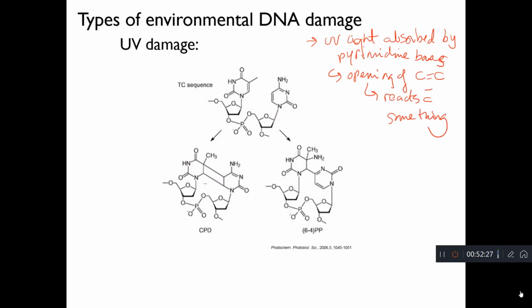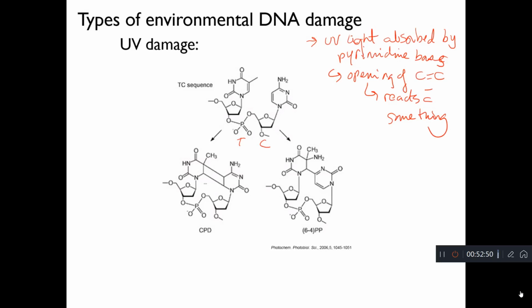And if it happens that there is a second pyrimidine in close proximity, as shown in this figure, where there's a T and a C, then there's two possible outcomes, both of which result from the reaction of this opened ring double bond with an adjacent pyrimidine.